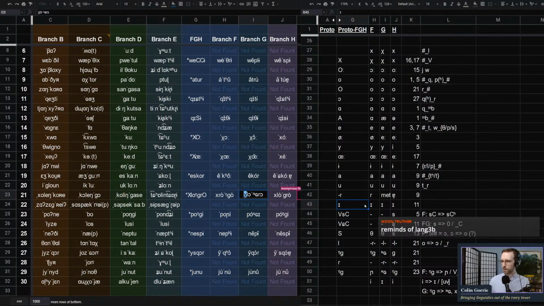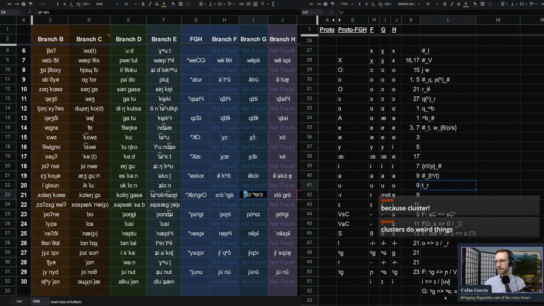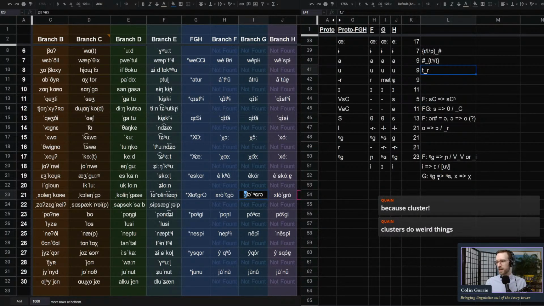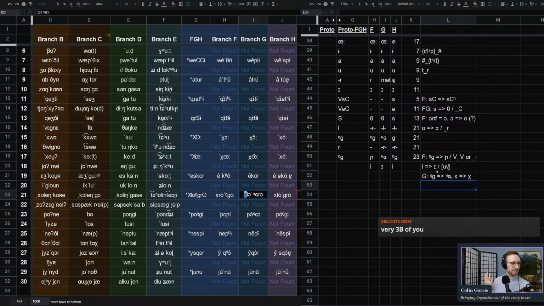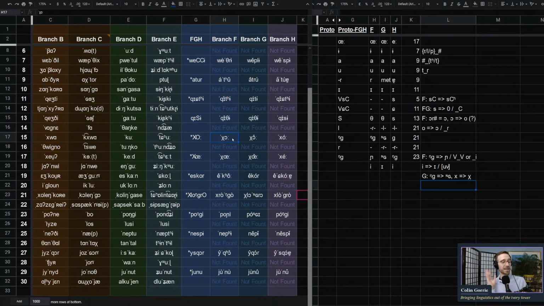I am Hlongro. Because it's a cluster. Yeah, clusters do weird things, but it's weird that if we have an original velar, and it goes to a uvular only in clusters with R, or L, I don't, or sorry, no, I got that backwards.